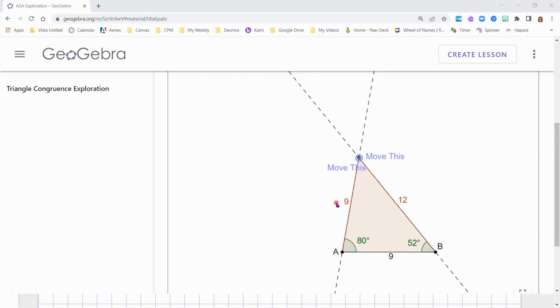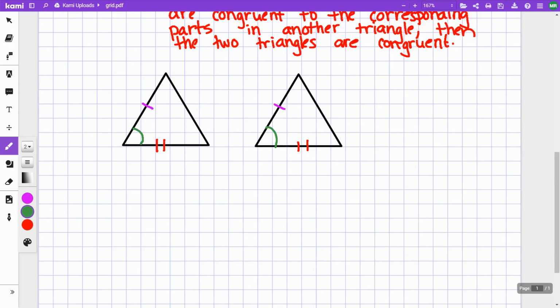So again, it has a 9, a 12, and then the 9. So having two angles and the side in between is a congruent triangle.